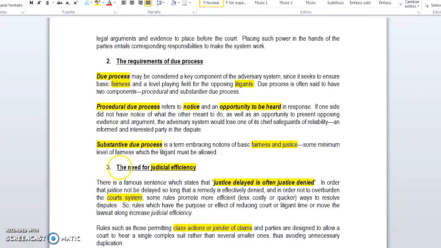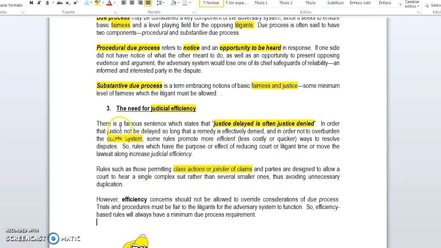Third, the need for judicial efficiency. There is a famous sentence which states that justice delayed is often justice denied. In order that justice not be delayed so long that a remedy is effectively denied, and in order not to overburden the court system, some rules promote more efficient, less costly or quicker ways to resolve disputes.